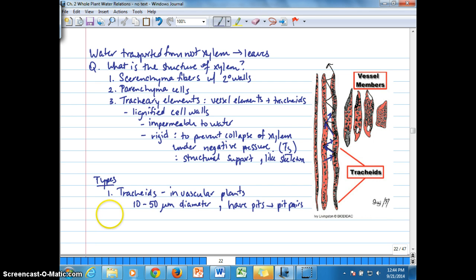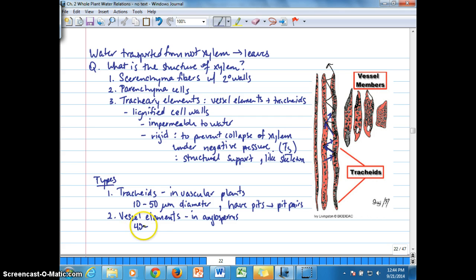Alright, so then we compare that to vessel elements, and vessel elements appear later. They're more evolutionarily advanced, and so we find those in angiosperms. And I believe there actually are some ferns that have vessel elements. There's always some of these exceptions. So we're looking at diameters on average.